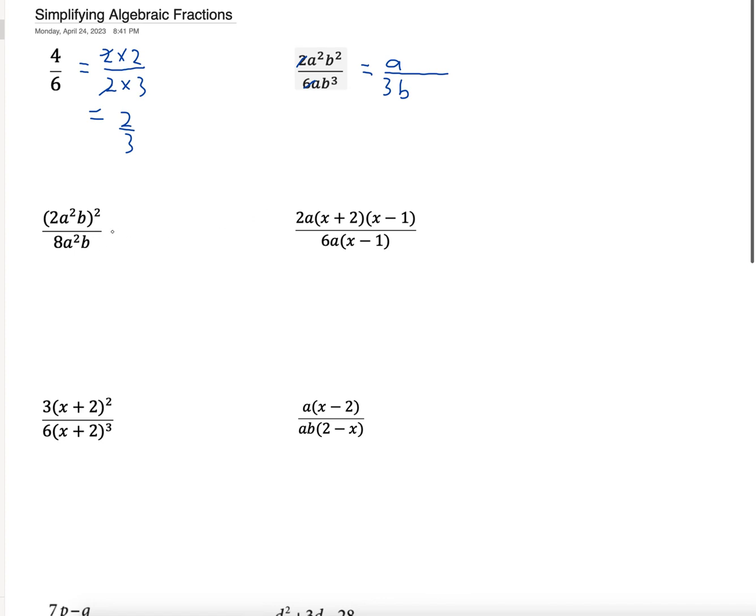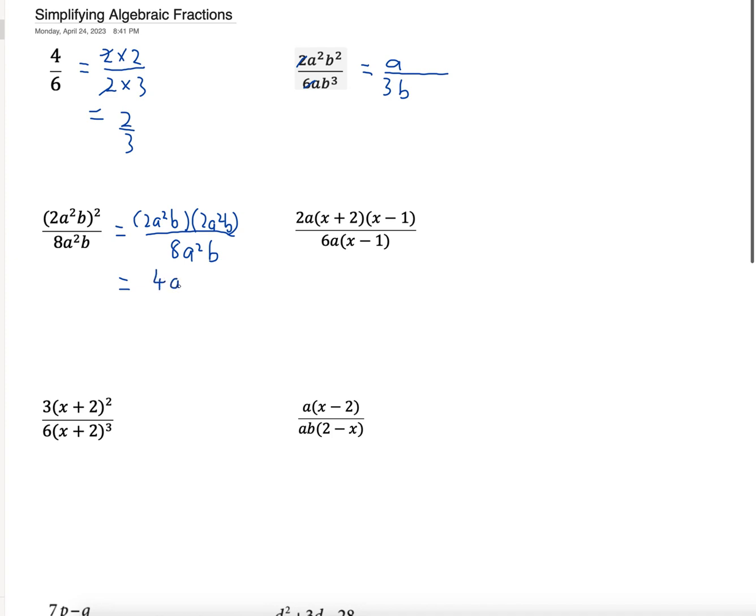In the next example, we must first expand the terms in brackets, which gives us 2a square b times 2a square b. Then we multiply. 2 times 2 is 4.